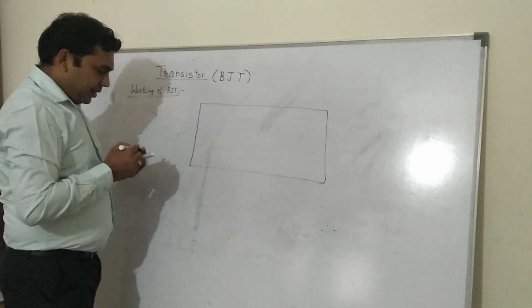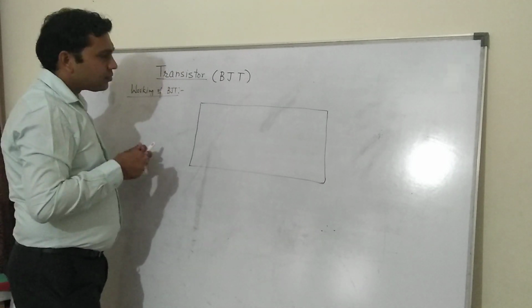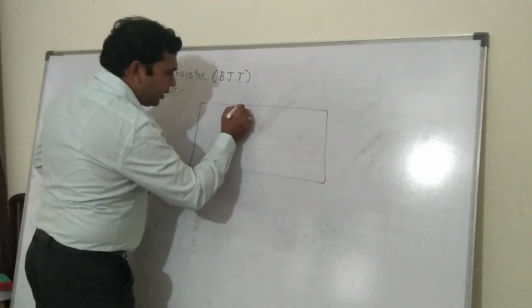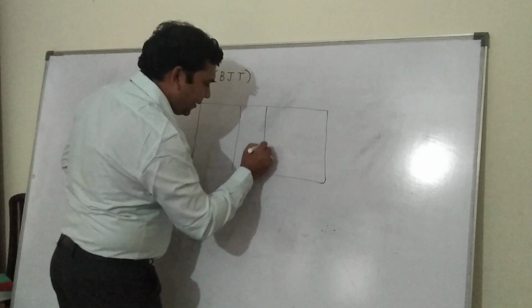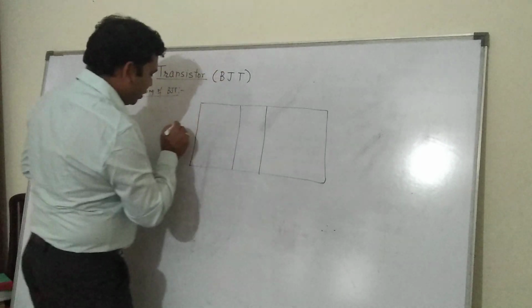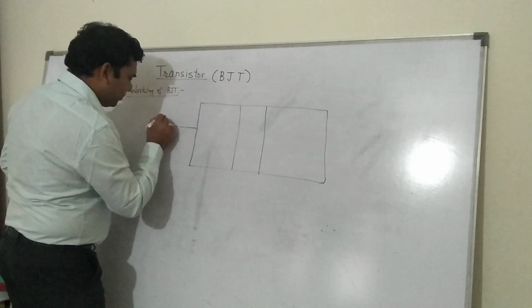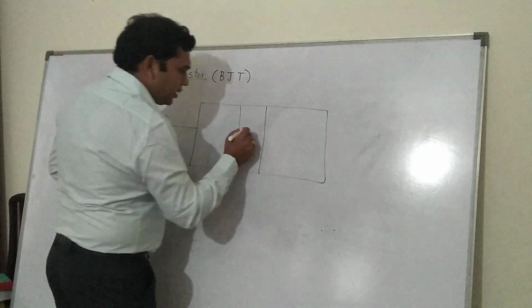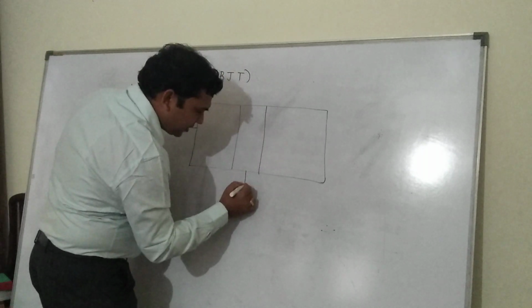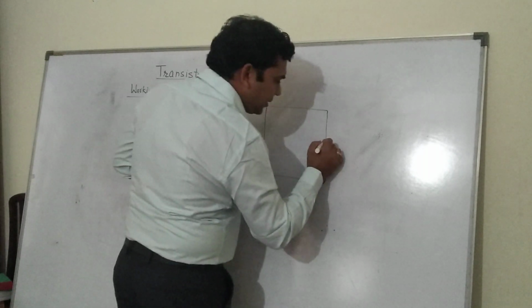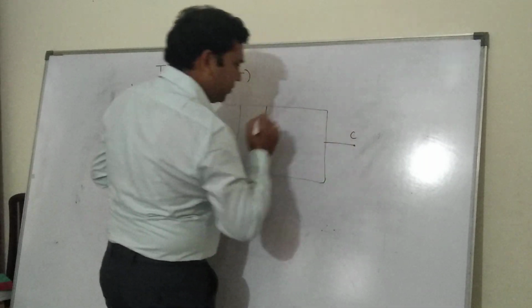Let's say this is P, this is N, and this is P, and this is the emitter. This is the base, so here we can make a base terminal, and here we make a collector terminal.